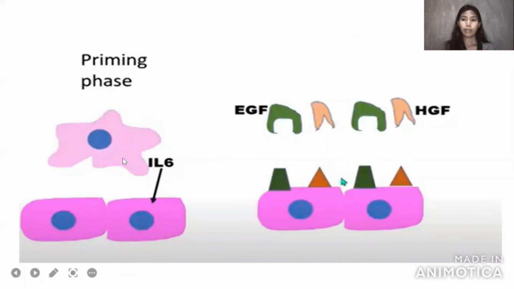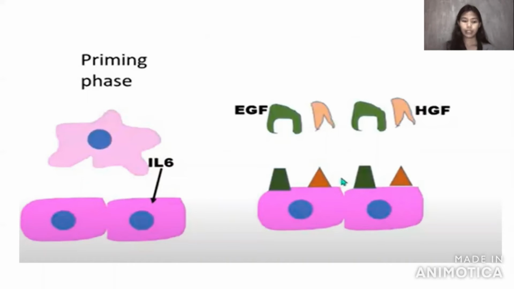The macrophage secretes interleukin-6, which makes the hepatocytes responsive to growth factors. Examples of growth factors may be hepatocyte growth factor and epidermal growth factor. This phase, where the cells are being primed to be receptive to the growth factor, is referred to as the priming phase.